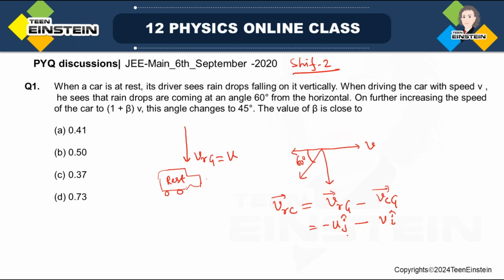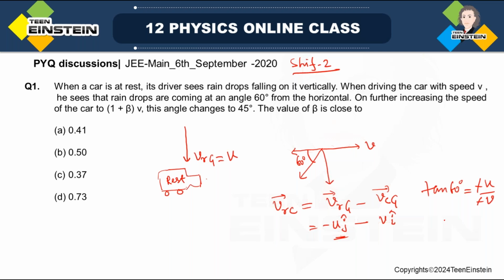So in this case, for the angle, tan 60° will be, this is in the y direction, so minus u by minus v.